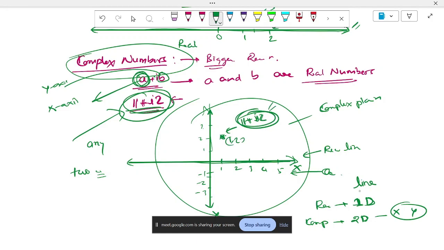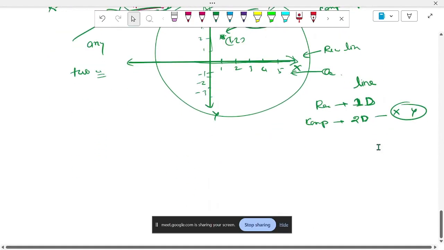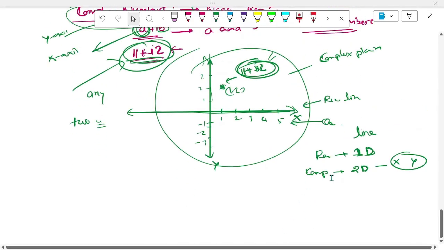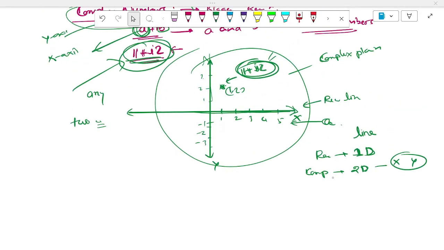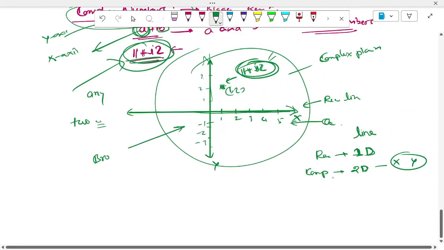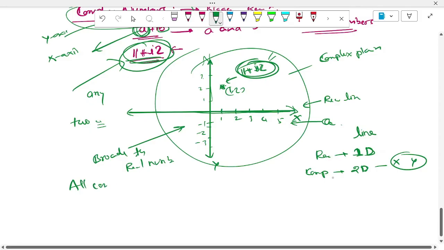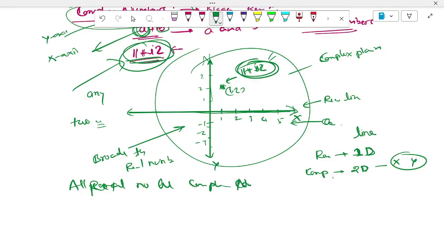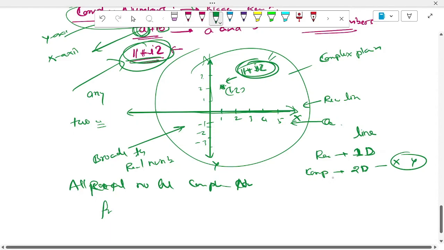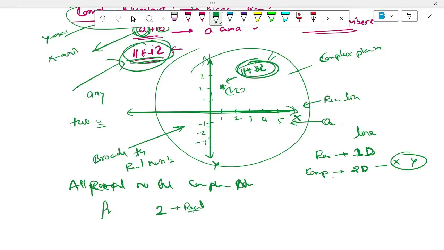This is the complex number, and by now I hope you are able to see that complex numbers are much broader than real numbers, because all real numbers are complex numbers. For example, 2 is a real number, right? 2 can be written as 2 plus i0.